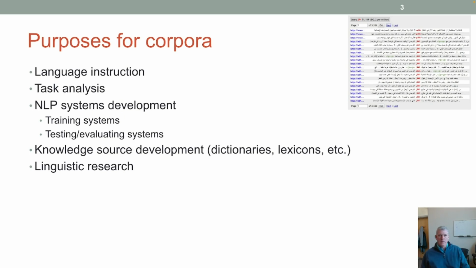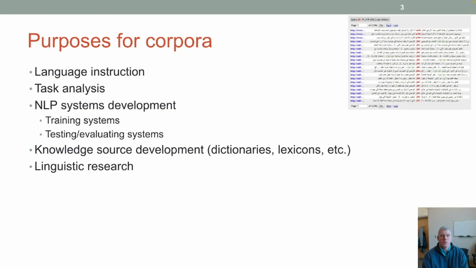So what is the purpose of corpora? Well, in the top right of this slide, we see a concordance line of some Arabic there. They can be used for many different applications in language studies or language fields, like language instruction. You can use a corpus of native speech or writing to teach second language learners of a language, so they can get a feel for how the language is used. Task analysis, natural language processing, NLP, systems development, that obviously is really important.